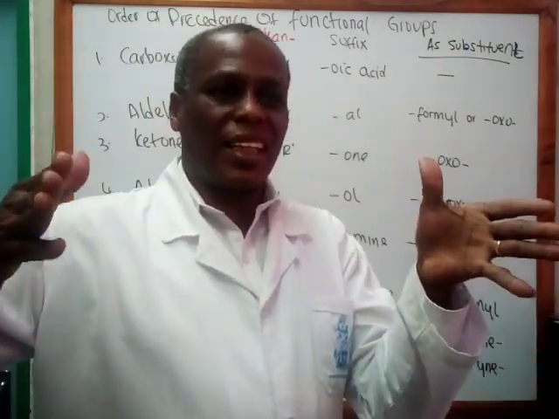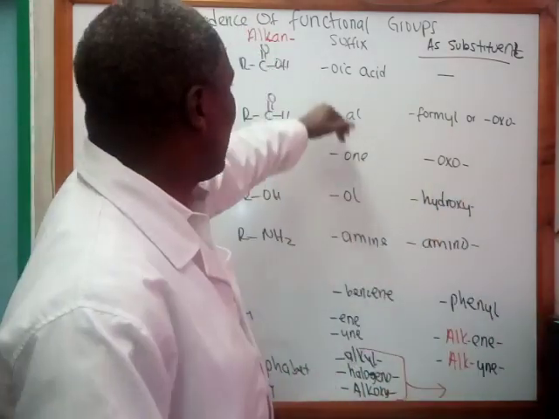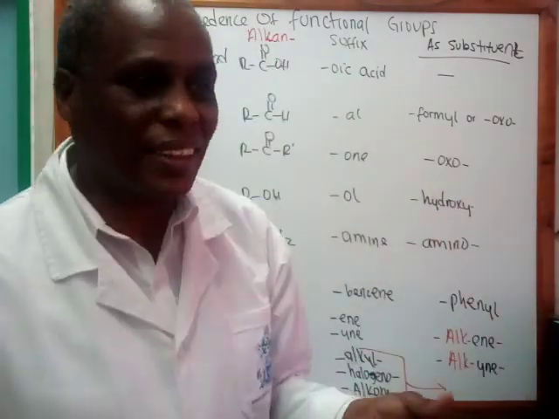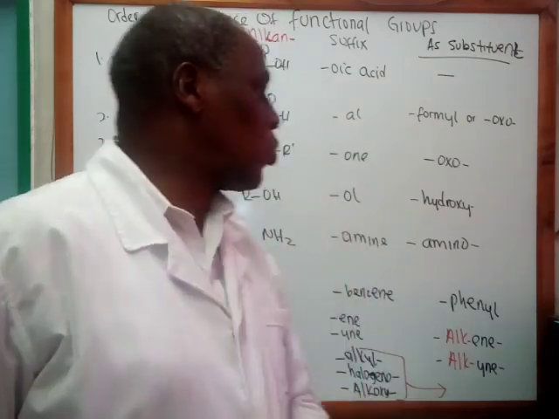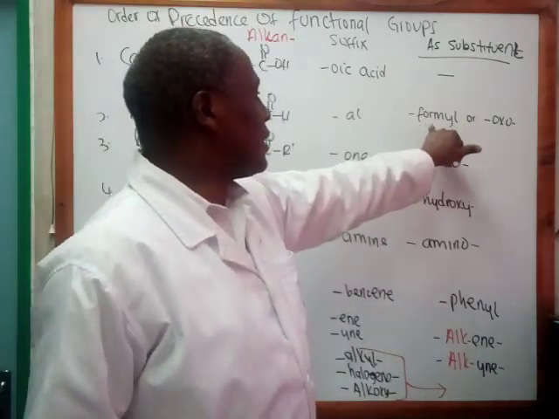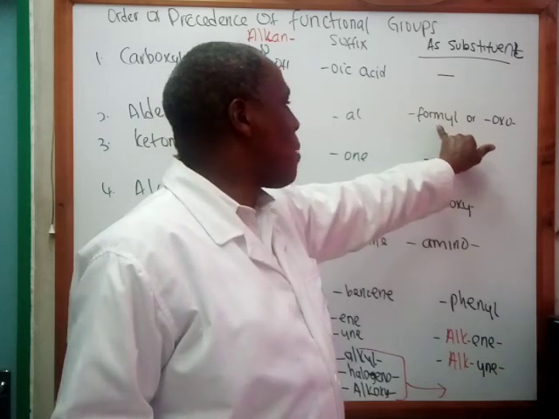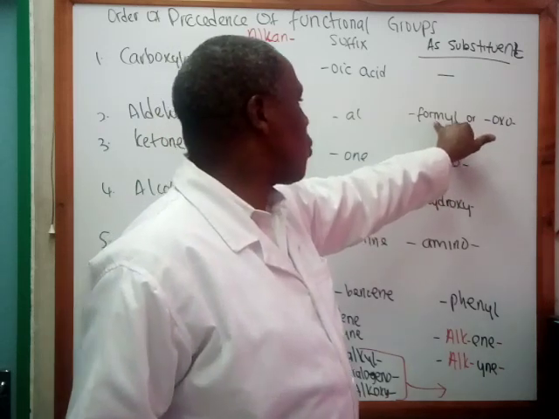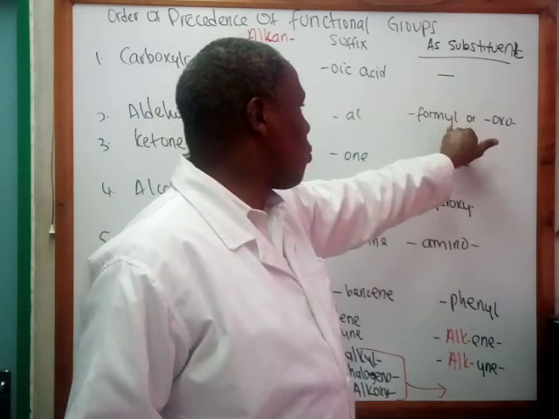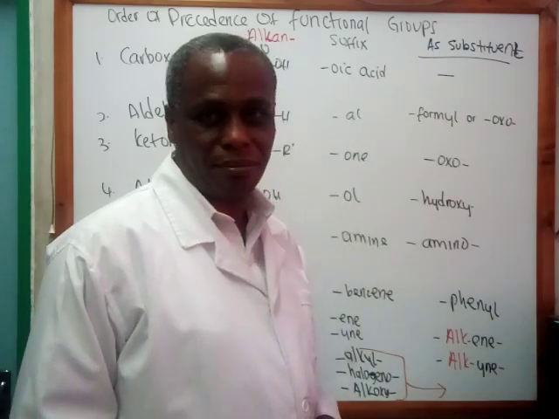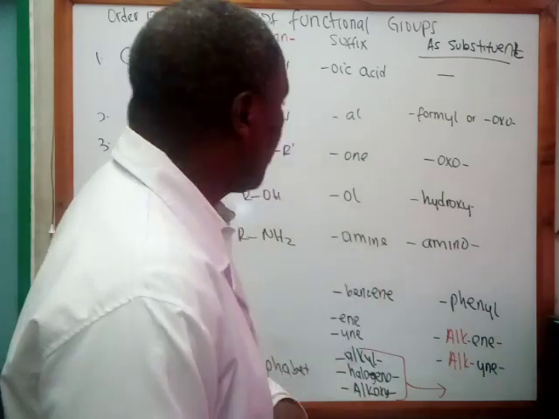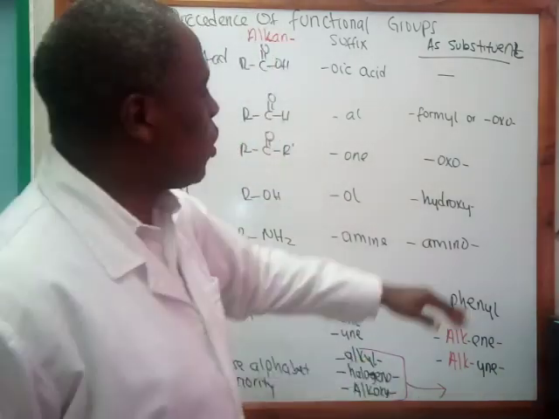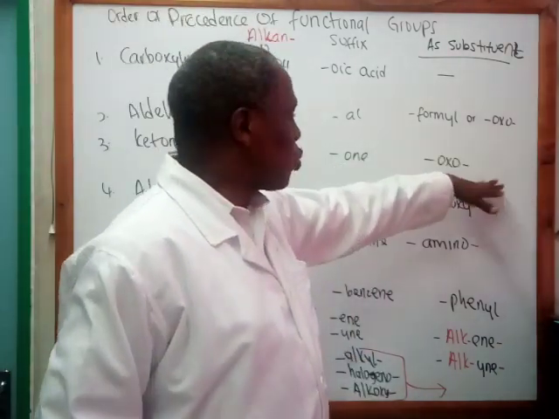It can contain, for example, the highest priority group, which is the carboxylic acid, and then somewhere in the structure there is an aldehyde. So in some textbooks you may see the name formyl. But in some you are going to see the name oxo.